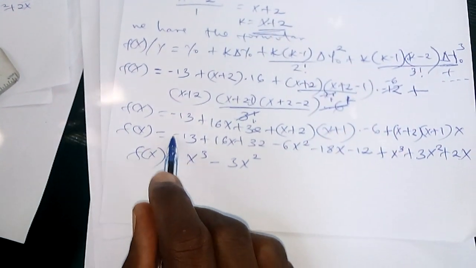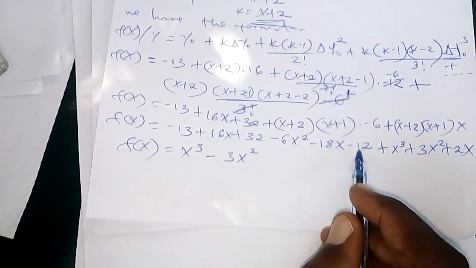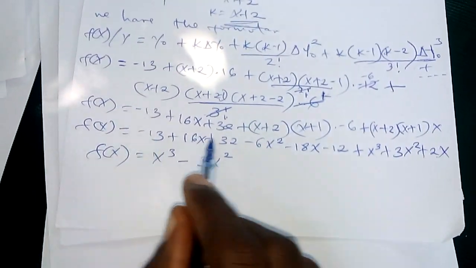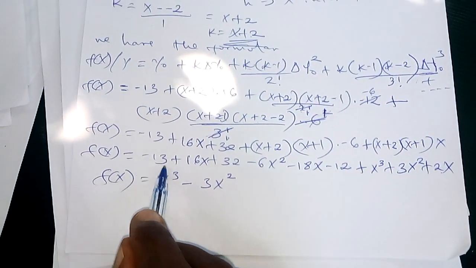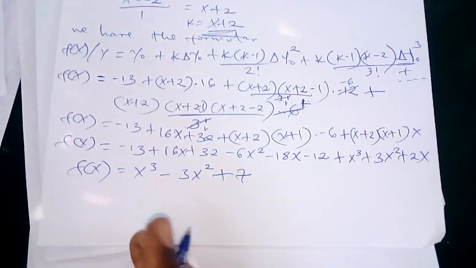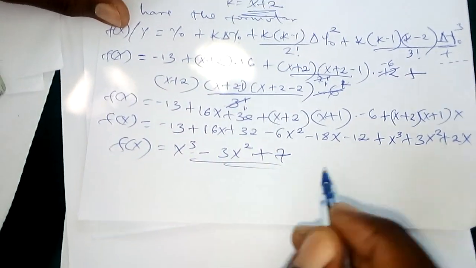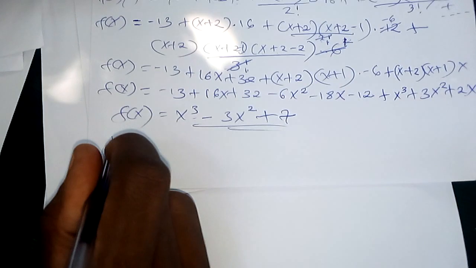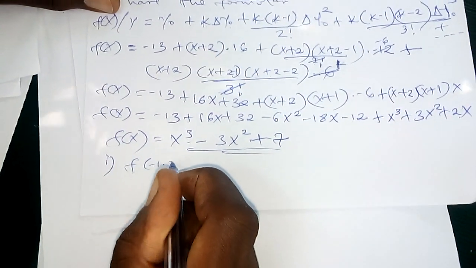Then we have the constants, negative 13 plus 32 minus 12, which gives plus 7, and f of x is equal to this equation.